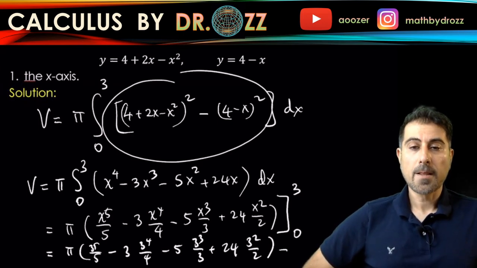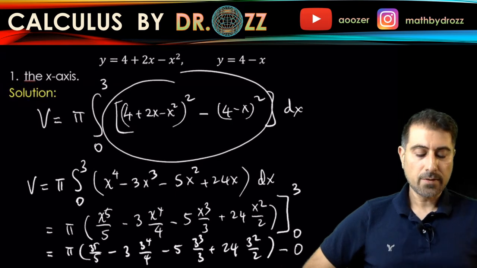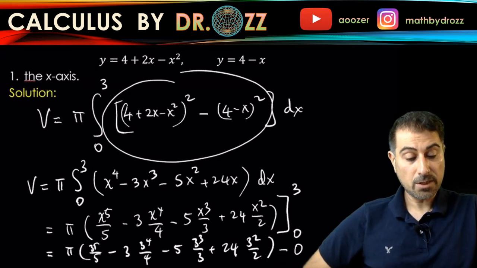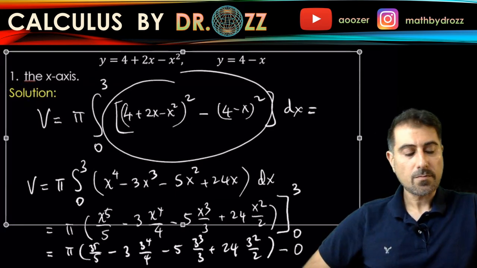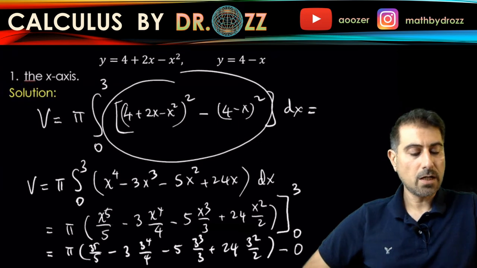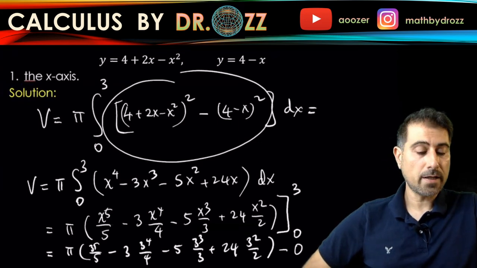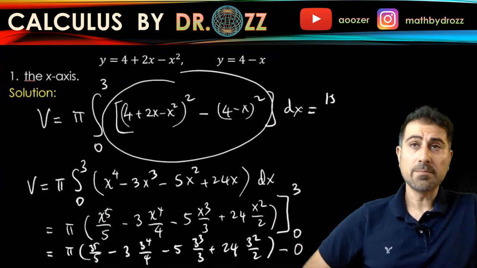Okay. And if you simplify this expression and keep the exact value, I'm going to write what I got on my end: 153 pi divided by 5.